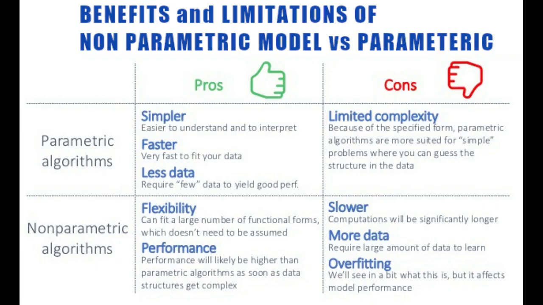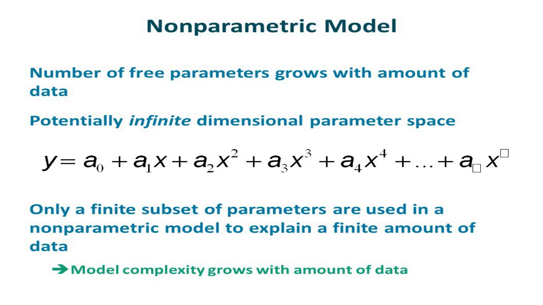Limitations of parametric machine learning algorithms: 1. Constrained, that is, by choosing a functional form, these methods are highly constrained to the specified form. 2. Limited complexity, that is, these methods are more suited to simpler problems. 3. Poor fit, that is, in practice these methods are unlikely to match the underlying mapping function.